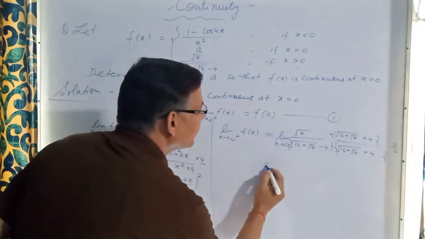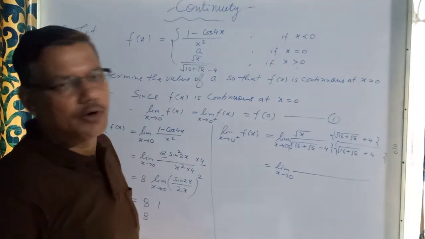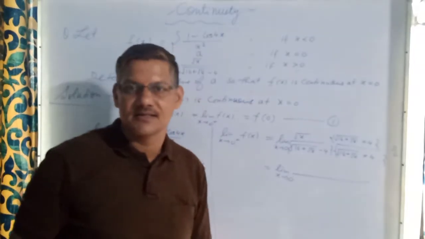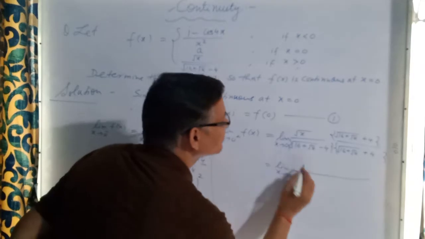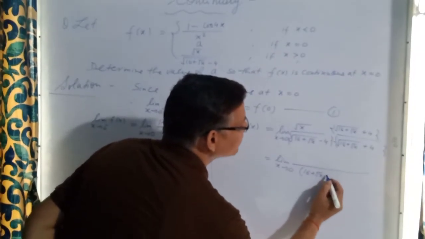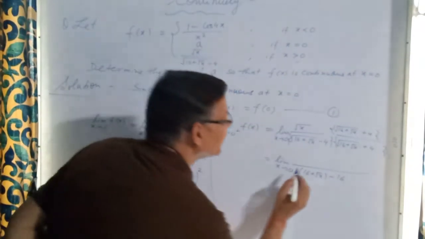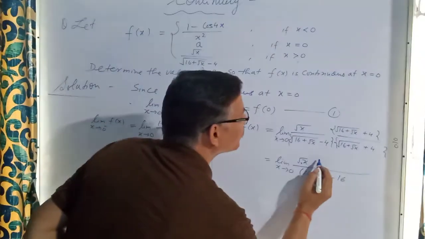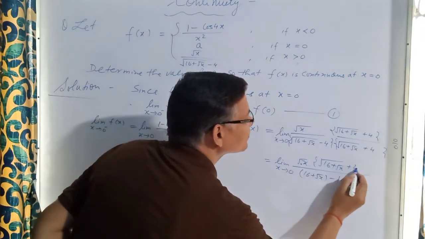When we multiply it, definitely the denominator is of the form a minus b and a plus b, so it can be written as a square minus b square. So we get the square of this, 16 plus root over x, minus the square of the second one, 4 square, that is 16, and in the numerator no change, root over x into root over 16 plus root over x plus 4.